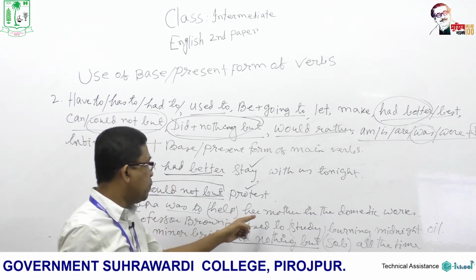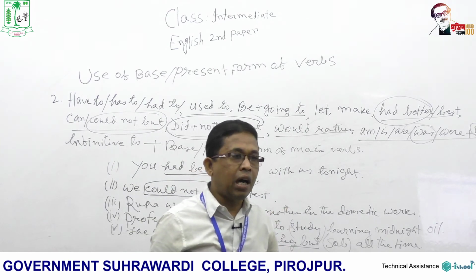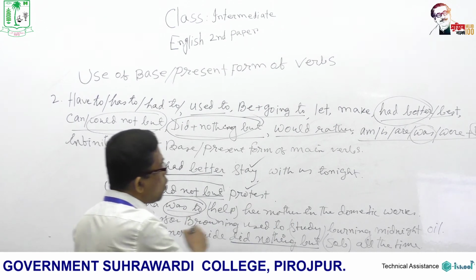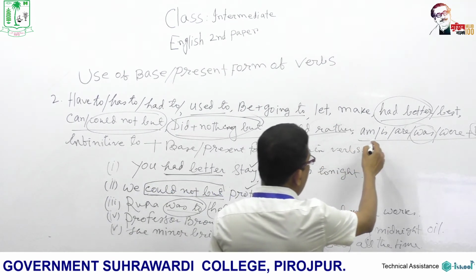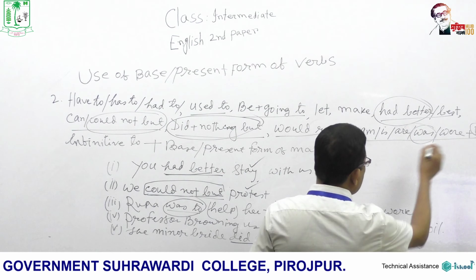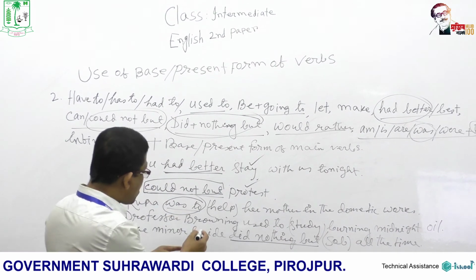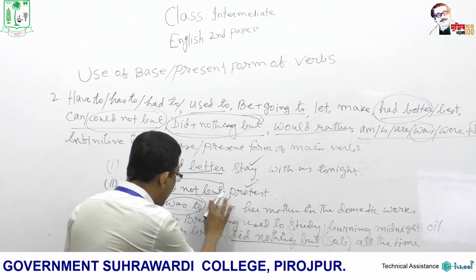And then example number 3. Rupa was to help her mother in the domestic works. This is was to, as we have already mentioned: am, is, are, was, were plus to plus base form of main verbs. So Rupa was to help. Help is correct, the base form.